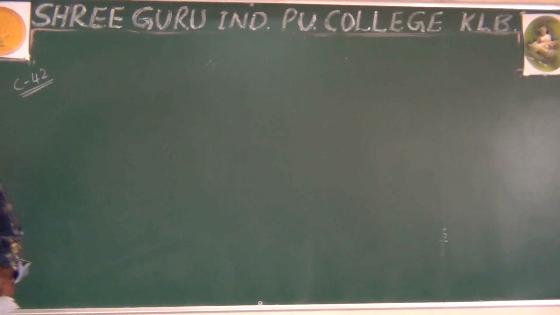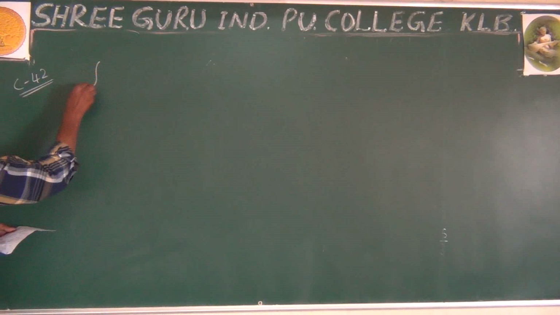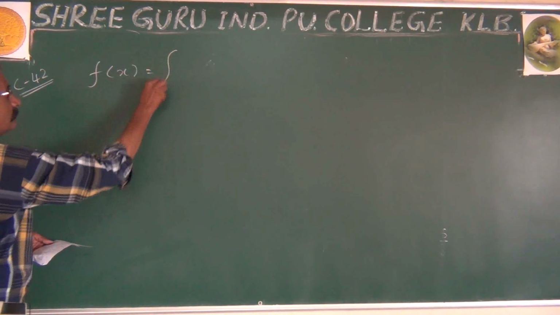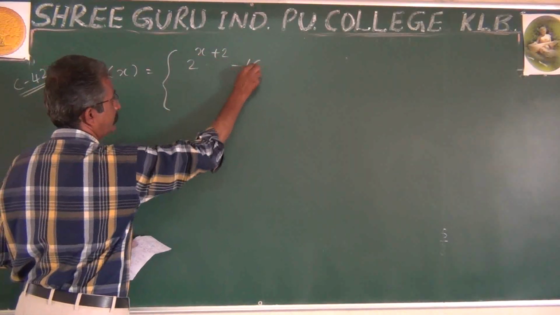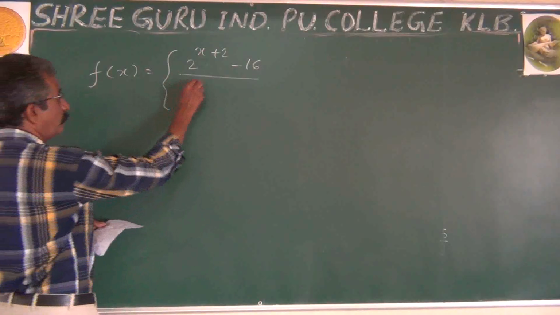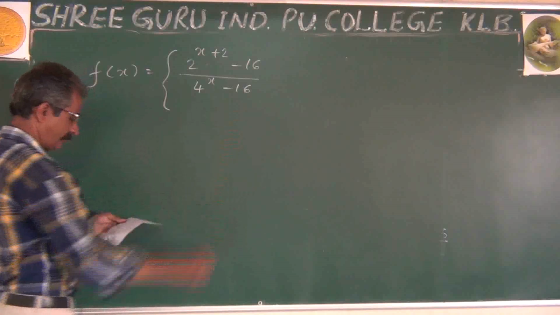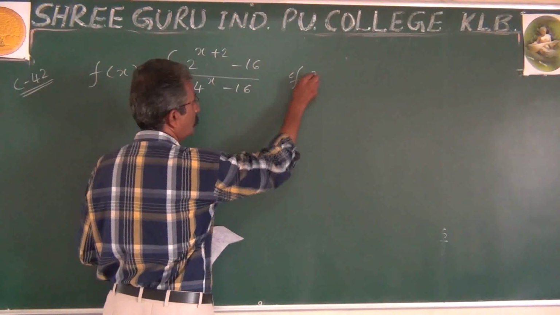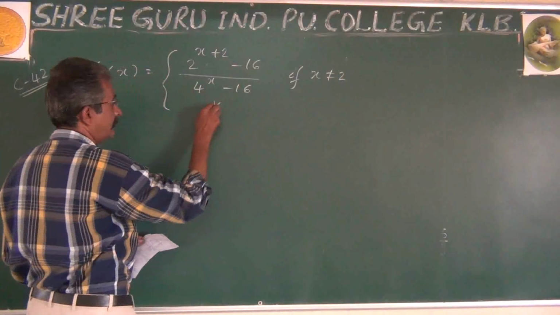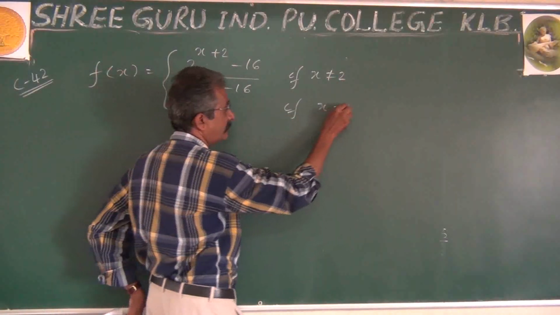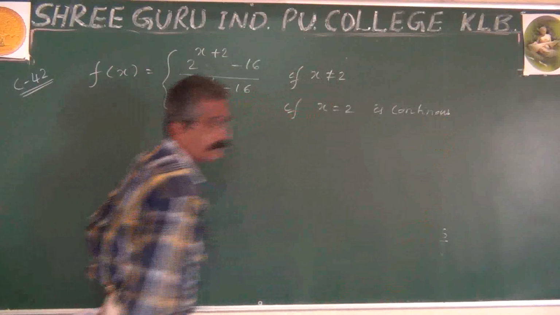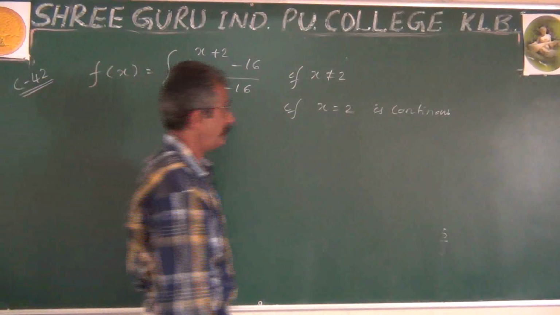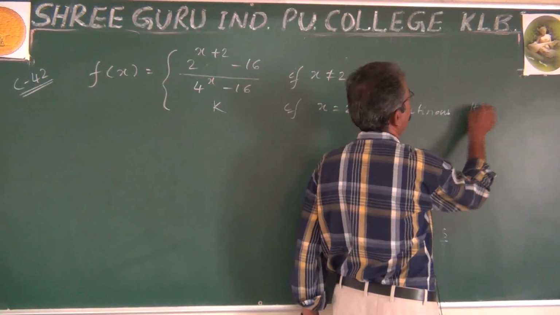Next problem. If the function f of x equals 2 to the power of x plus 2 minus 16 divided by 4 to the power of x minus 16 if x not equal to 2, and k if x equal to 2, is continuous, it is understood that continuous at x equal to 2, then what is the value of k?